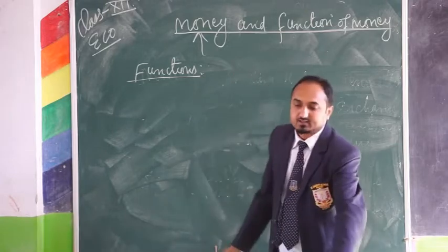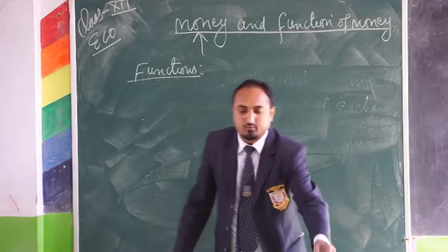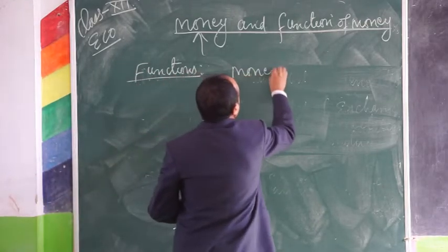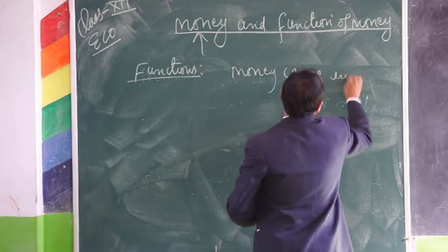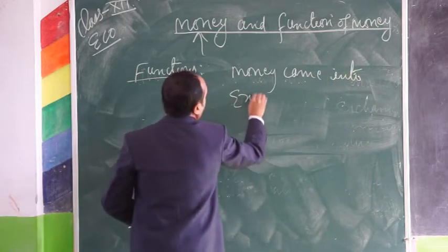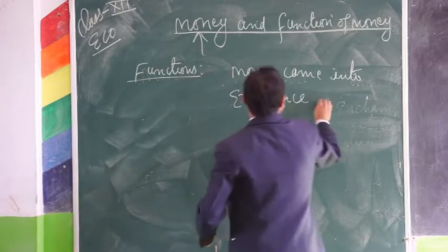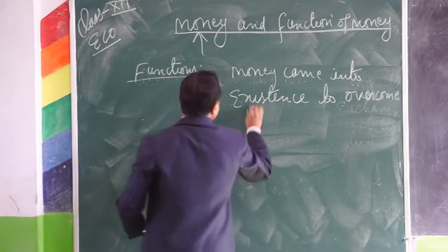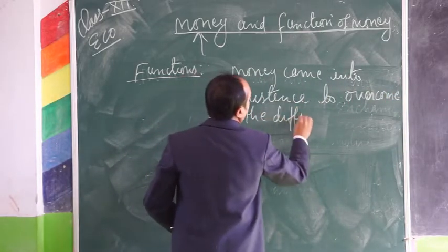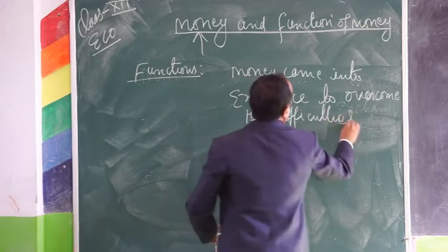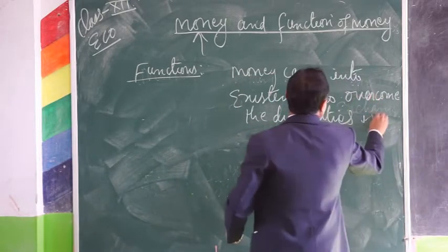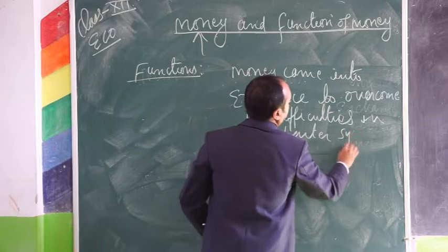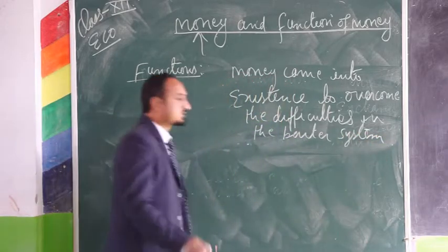Function of money. So we can say that money came into existence to overcome the difficulties in the barter system.